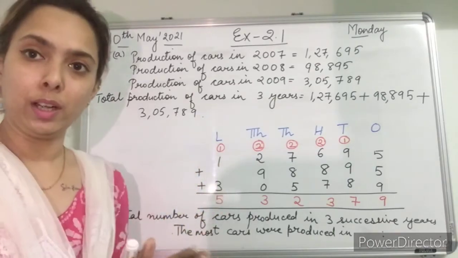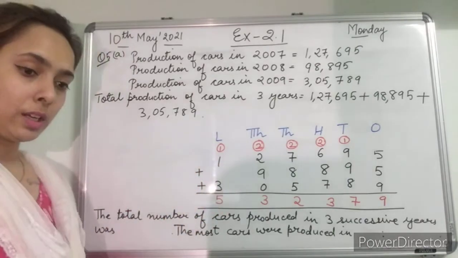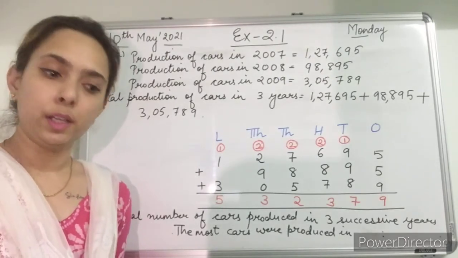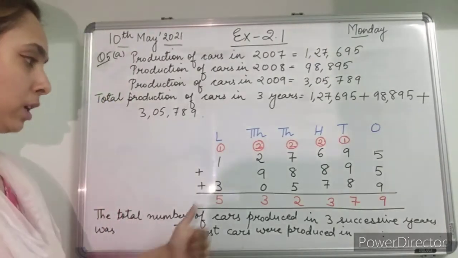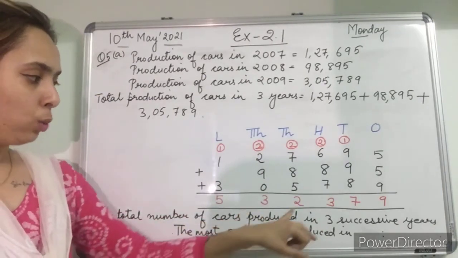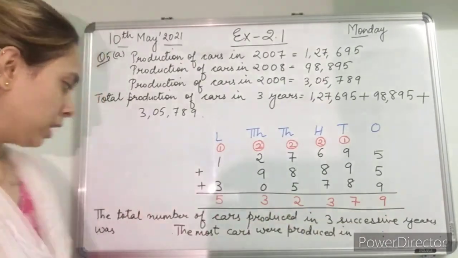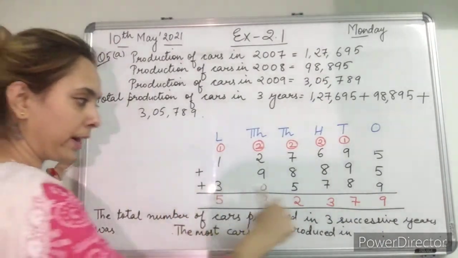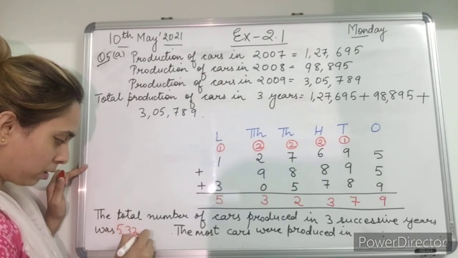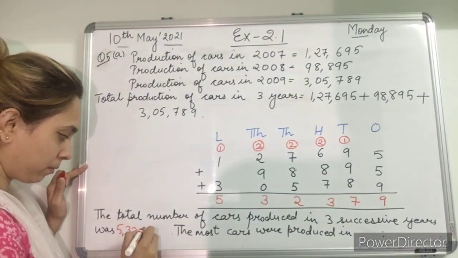How are we going to write the last statement? From the question only I have written. The question is, what was the total number of cars produced in the 3 successive years? So I have written: the total number of cars produced in 3 successive years was, I will write the answer here by putting commas in it.